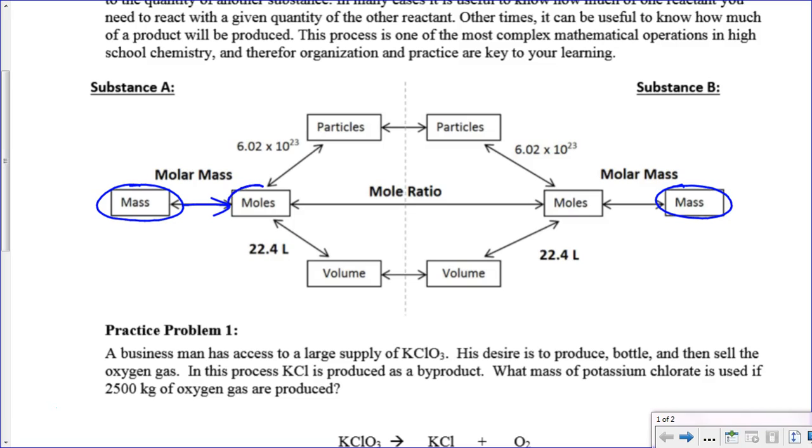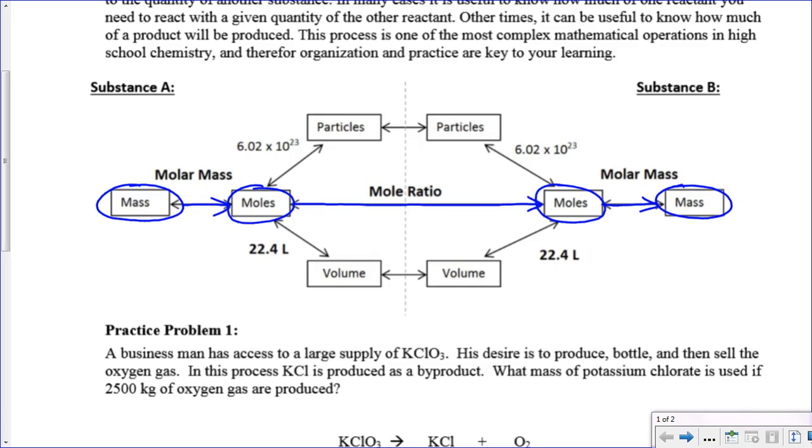Then we go from moles of that first substance, using the mole ratio from the balanced chemical equation, to moles of our second substance, and then we go from moles of that substance back to mass. There are actually three conversion factors here: the molar mass of the first substance, the mole ratio, which comes from the balanced chemical equation, and the molar mass of the second substance, which comes from the periodic table again.